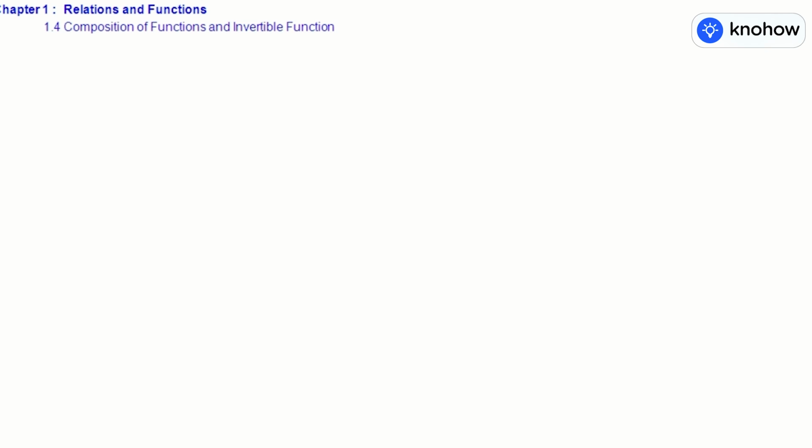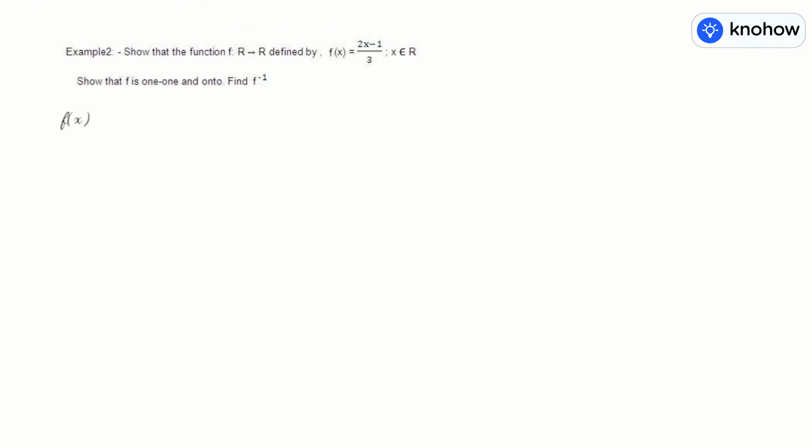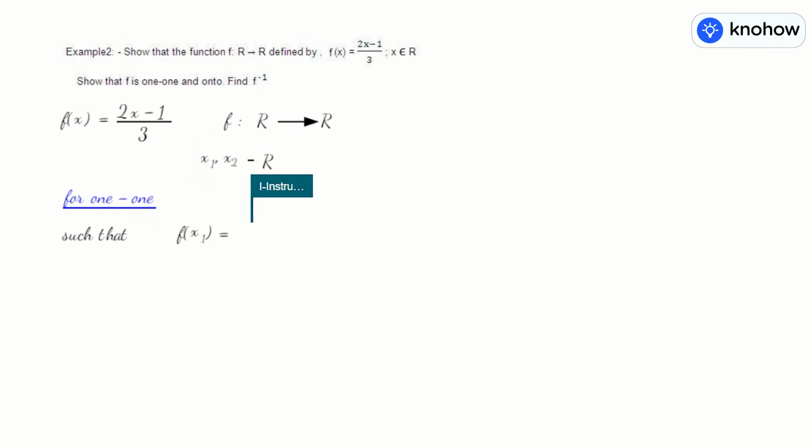So what is the function given? The given function is f(x) equal to (2x minus 1) by 3. Of course, f is defined from the set of real numbers to the set of real numbers. To check whether it is one-one or not, let me take x1 and x2 as any two real numbers such that f(x1) equal to f(x2).